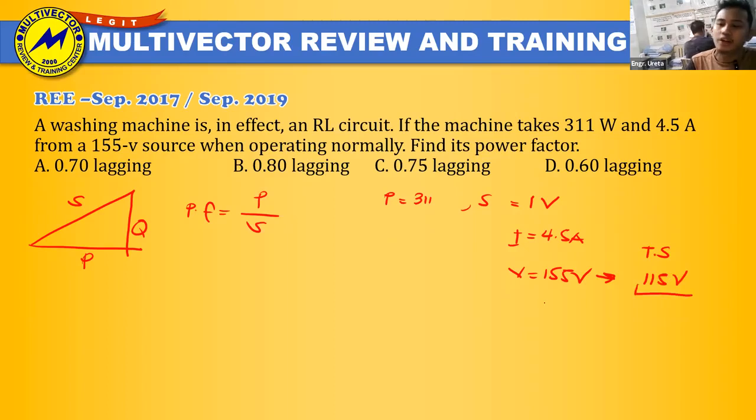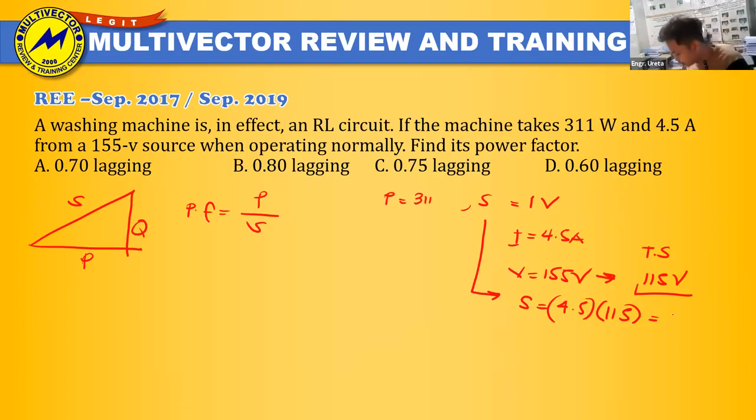Now that we know the correct value of the voltage, let's compute S. Our S is just the current, 4.5, multiplied by the voltage, which is 115. Computing 4.5 times 115 gives 517.5 volt ampere.